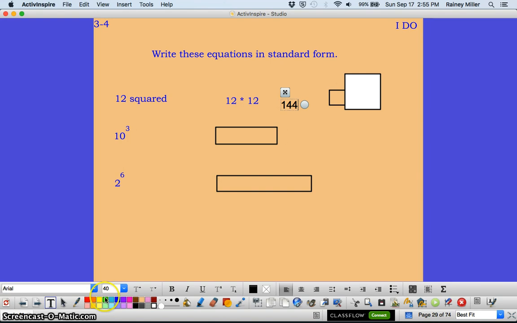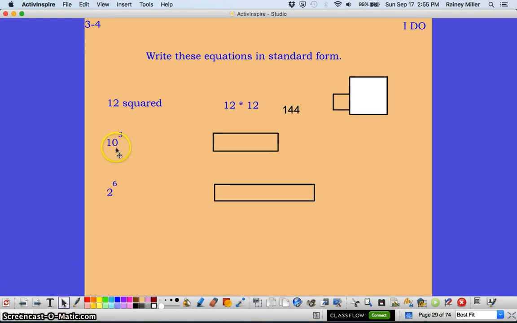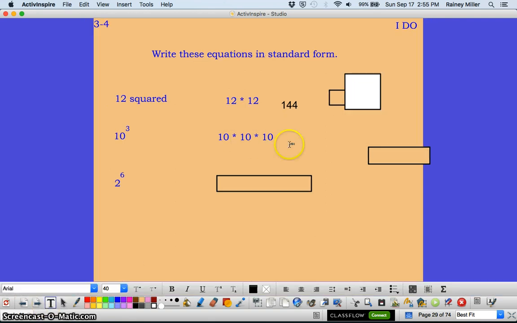Okay? For the next one, I would have 10 three different times. So I'd have 10 times 10, which is 100, times 10, which would be 1,000. So my answer for this one would be 1,000. For this one, I have 2 to the 6th power.